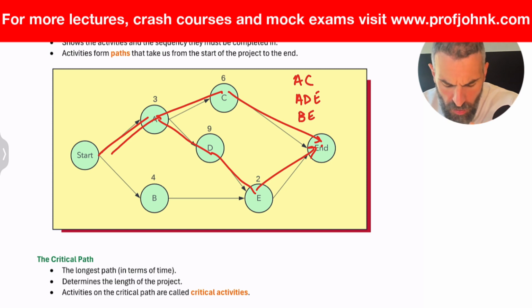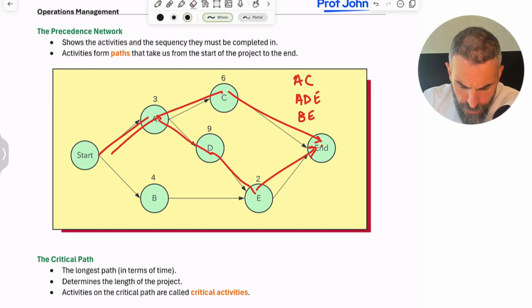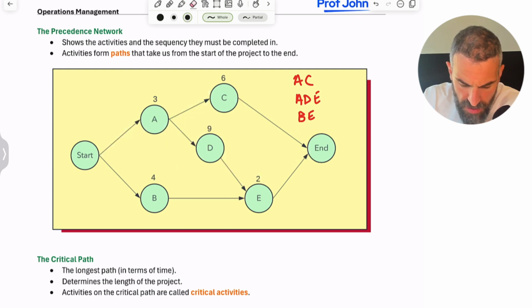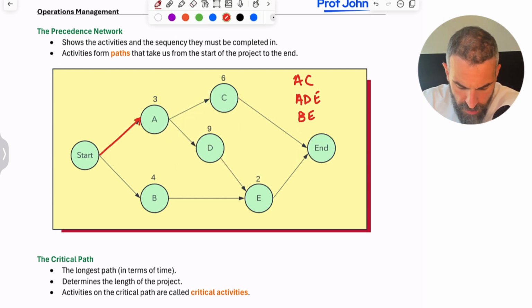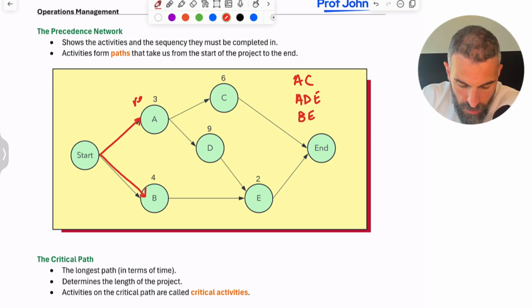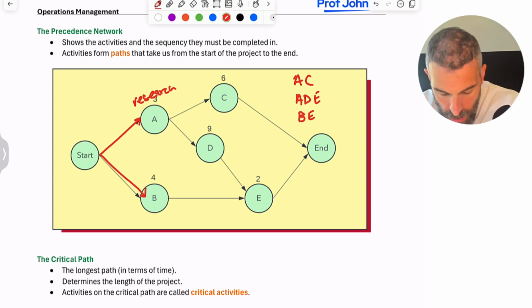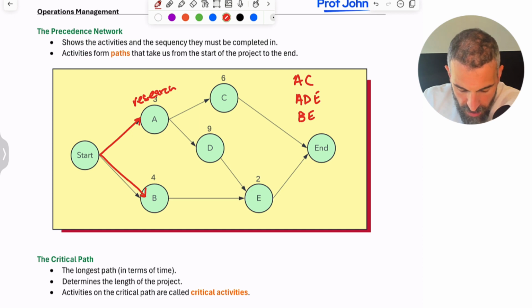These are all paths. Now, why do we have these paths? Well, the paths show us that some activities are independent of each other, meaning they could be started while the other one is happening. It doesn't have to wait for anything, while others have a sequence, right? So when you're looking at this network, you can see that as soon as the project starts, I can start both A and B. So now imagine this is a school project where you can start the research, and separate from that, you could also begin writing the introduction.